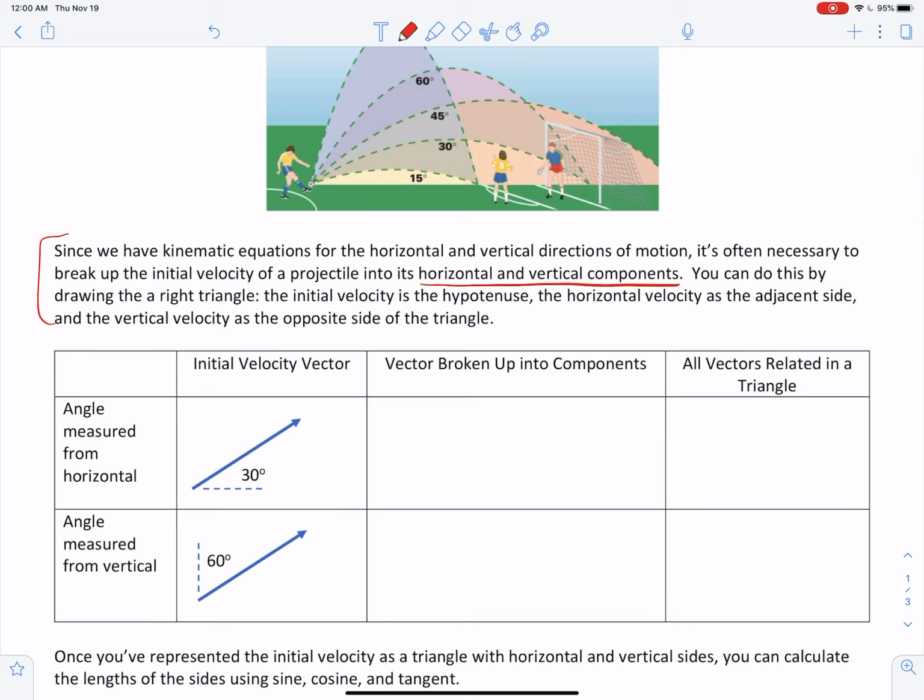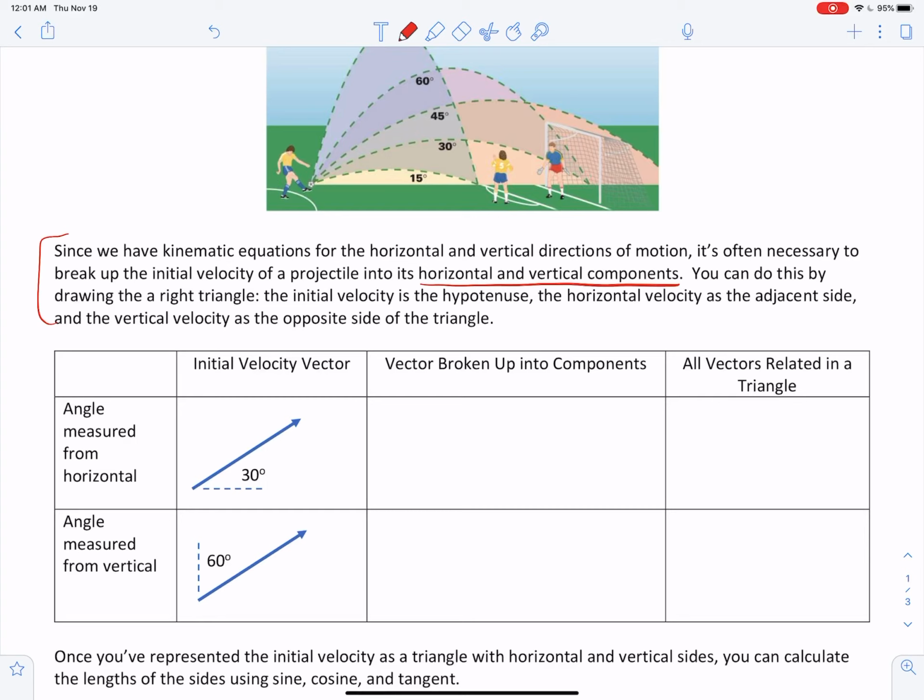So let's say you've got this initial velocity vector here, and this is similar to the vectors that were drawn up here. You've got these various angles where a soccer ball is being kicked. So let's say we're looking at the 30-degree example here. You've got this angle, and you want to break it up into its components.